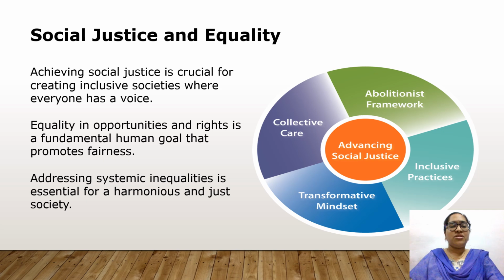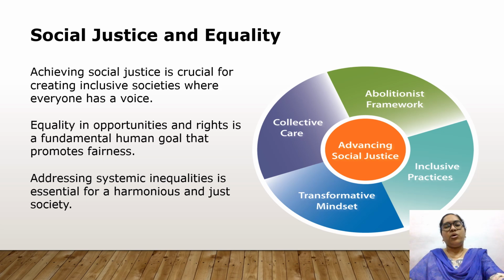Next, we look at social justice and equality. These two things play a major role in any society, because achieving social justice is crucial for creating inclusive societies where everyone has a voice, which means a society where everyone can express their thoughts. And equality in opportunities and rights is a fundamental human goal.